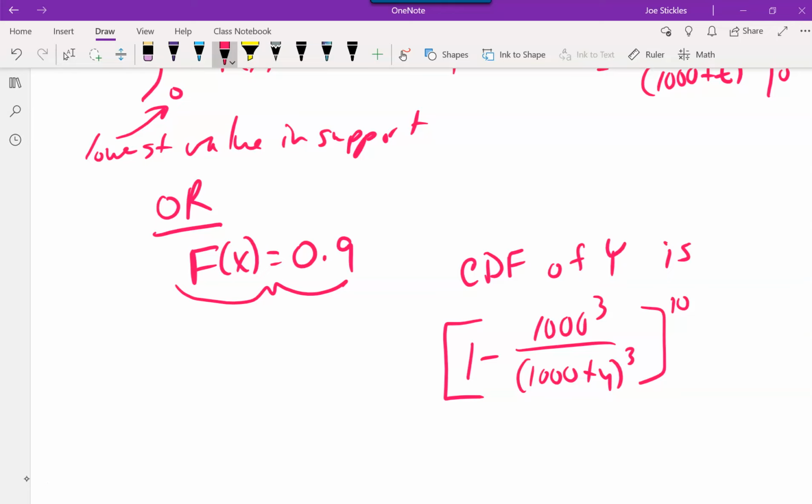Remember, from when we did this for the maximum, the CDF of the maximum is just the power of how many are in the random sample of the CDF of the individual pieces. That was all we had. We get the product of the probability that x of i is less than or equal to y, right? So this is the CDF of y, our maximum. And we want to set this equal to 0.9, which is a lot easier to solve as opposed to going through an integral. Yeah, Morgan.